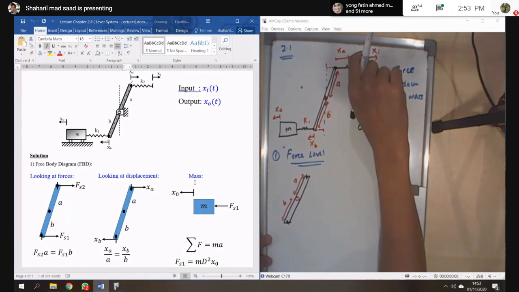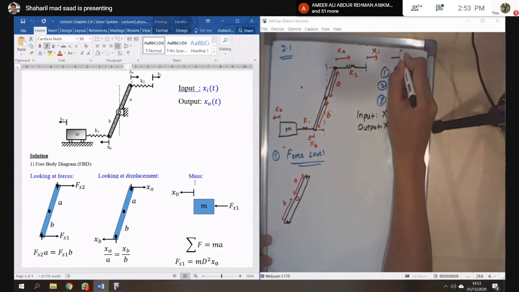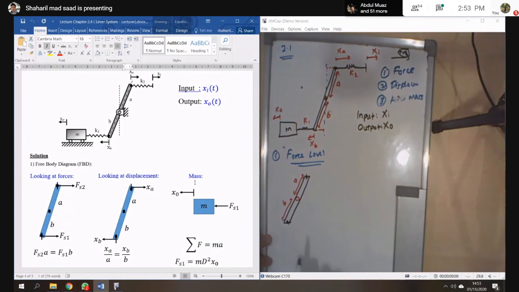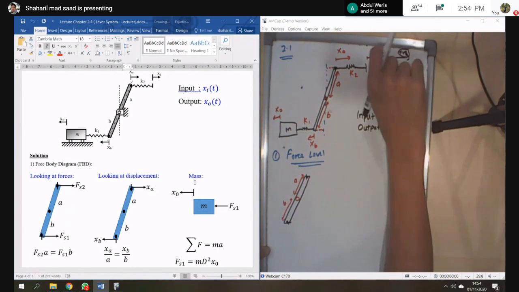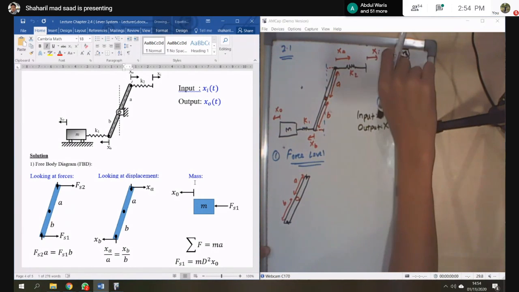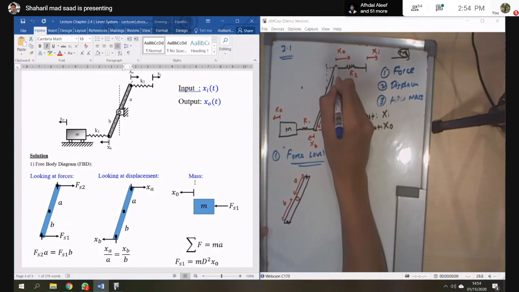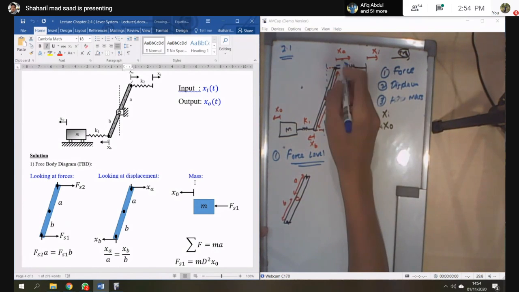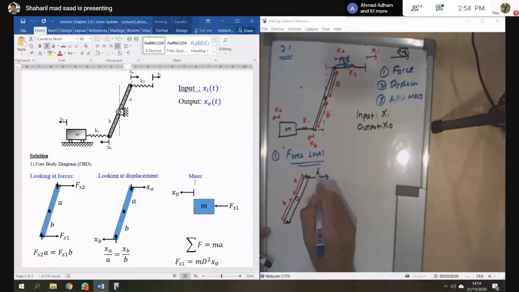You force it to the right, which means going there is positive. So when you pull this spring here, you will give some force, which is Fs2.